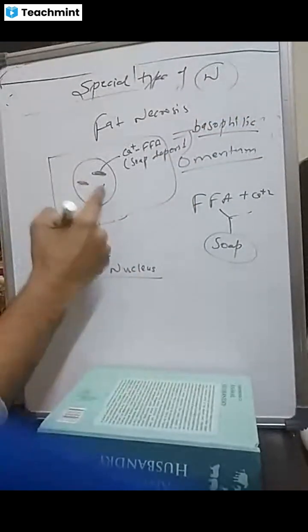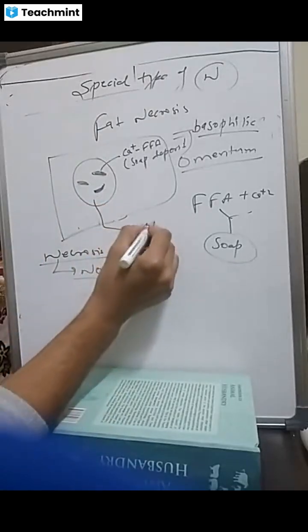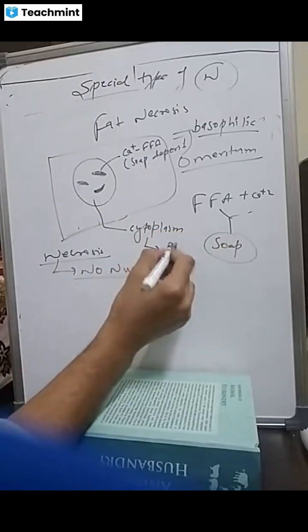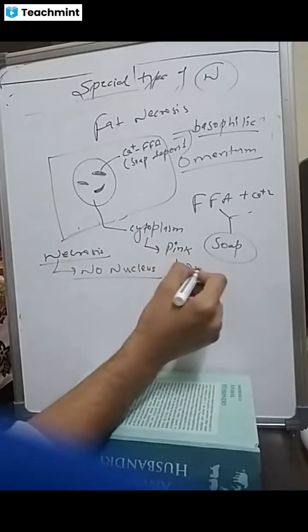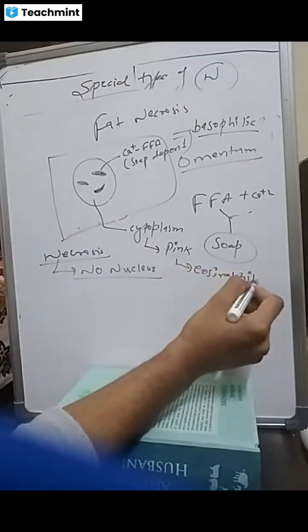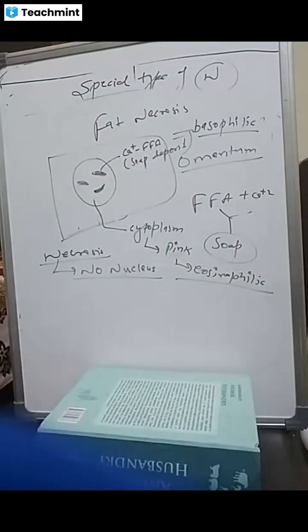So you will find basophilic deposit. The remaining cytoplasm is pink in color. Pink means it is eosinophilic. This is the feature of fat necrosis.